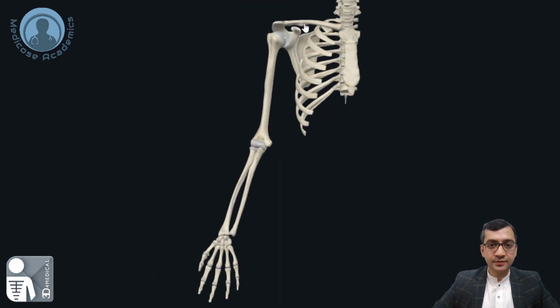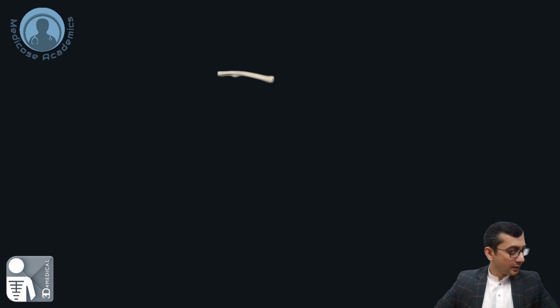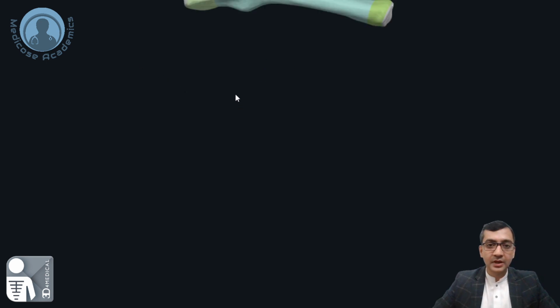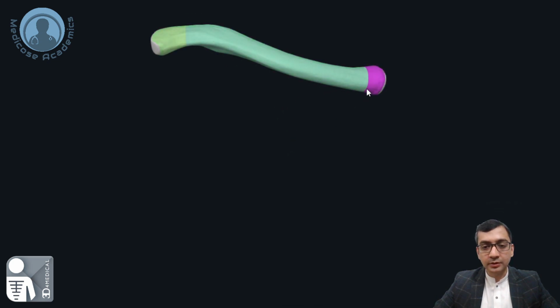Now let us talk about its features. Let us isolate it again. Let us talk about its parts. It has the following parts. Simply speaking, the two ends: we just talked about the sternal, quadrilateral, and the acromial, and in the middle there is a shaft.